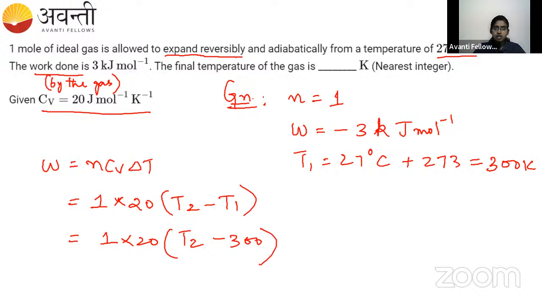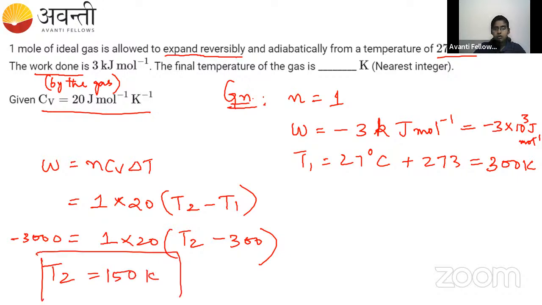To convert that into joule, multiply by 10 power 3: minus 3 into 10 power 3 joule per mole. So I can substitute minus 3000 here, and if I find the value of T2, it will come around 150 Kelvin. T2 will be equal to 150 Kelvin.